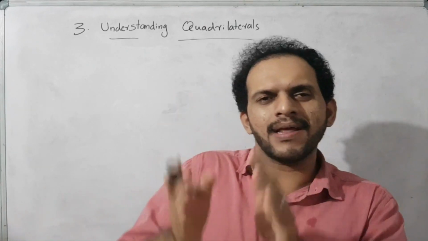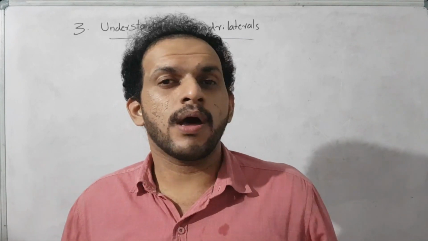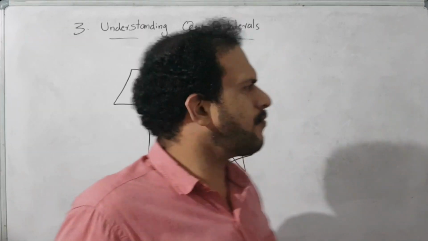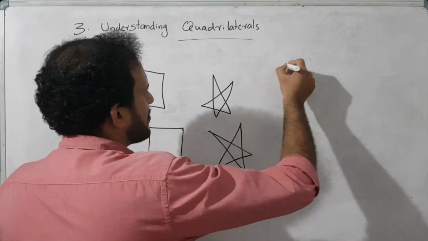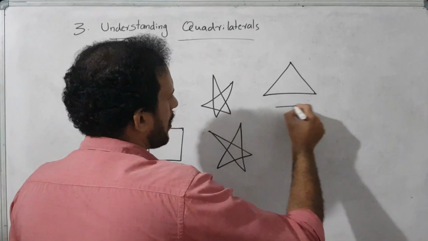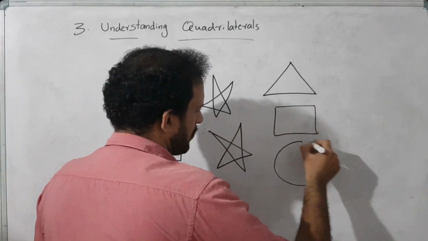First we are recalling the idea of closed curve, simple closed curve and not simple closed curve. Simple closed means we have figures like a rectangle and a circle.